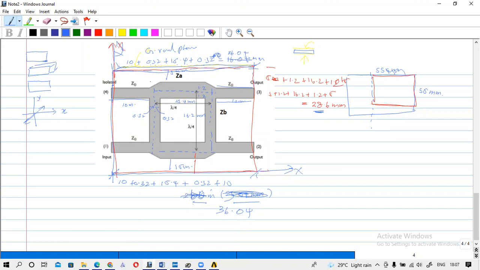First I consider this as a rectangle, because these are dielectric. So I only get this section rectangle.